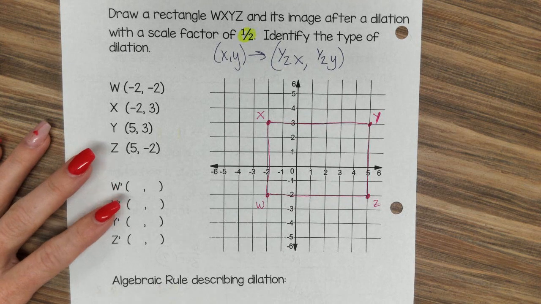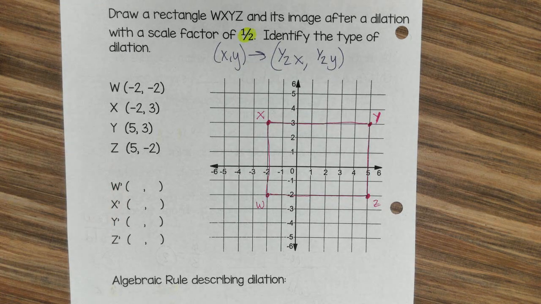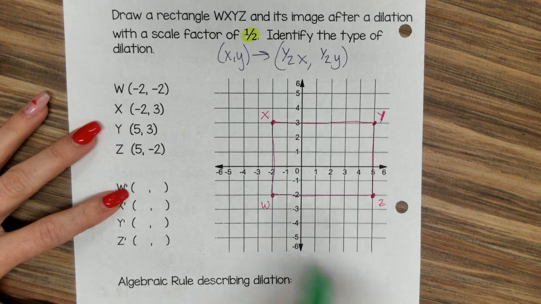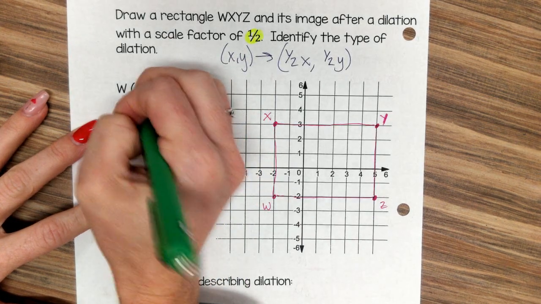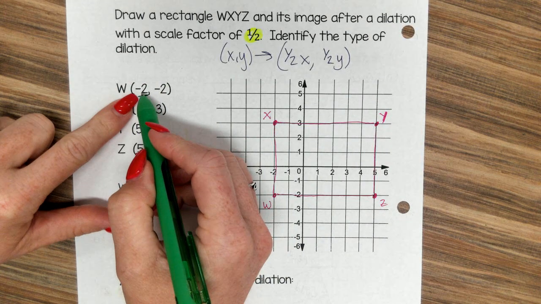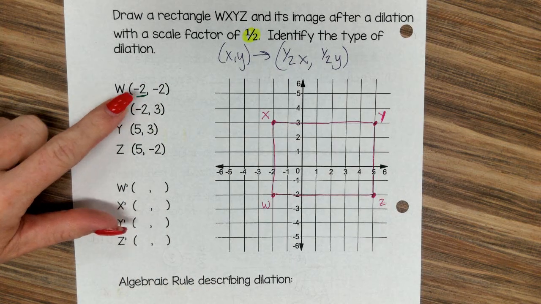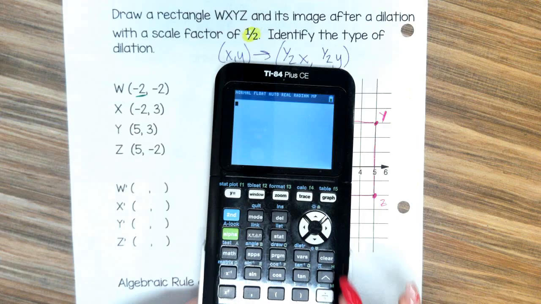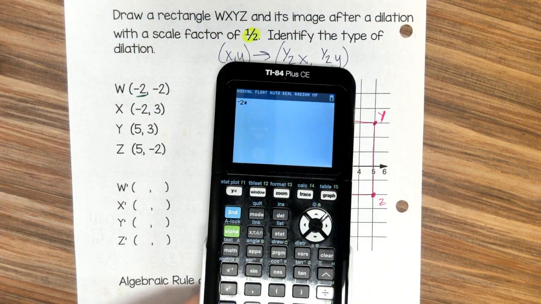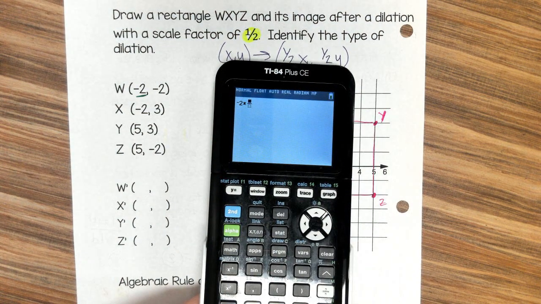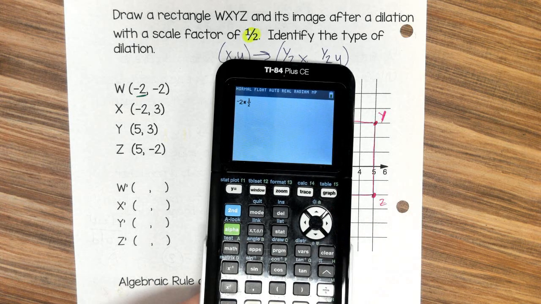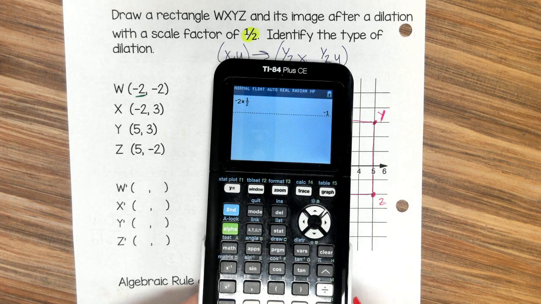So we are going to come up with our new coordinates by multiplying. So we're going to take this W's x value and we're going to multiply negative 2 times 1/2. So take your calculator and do negative 2 times 1/2. What do you get? Negative 1.